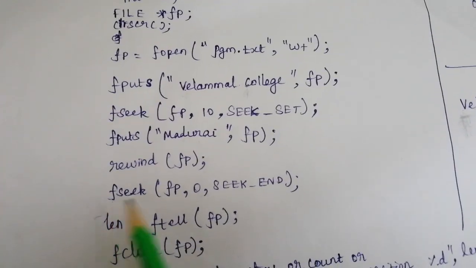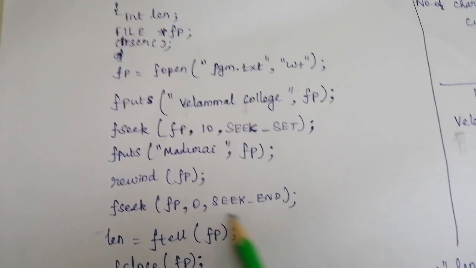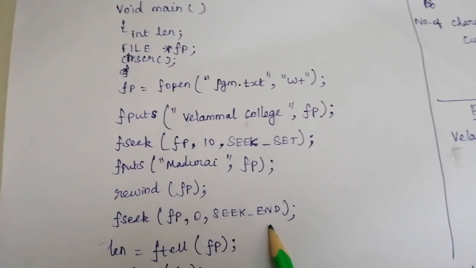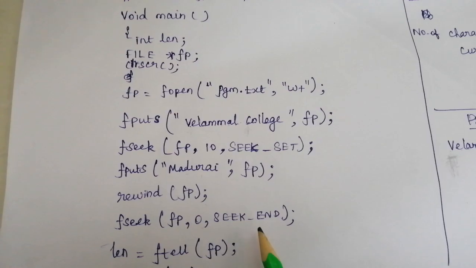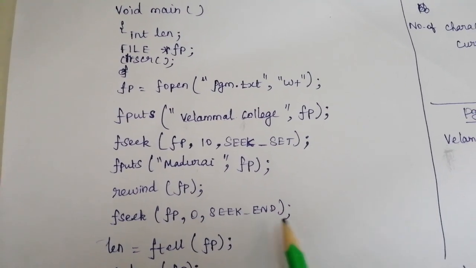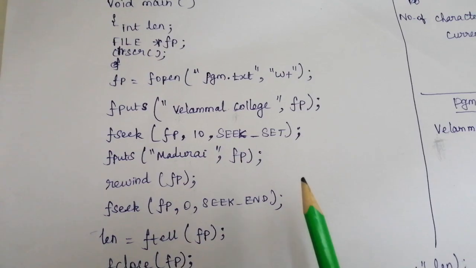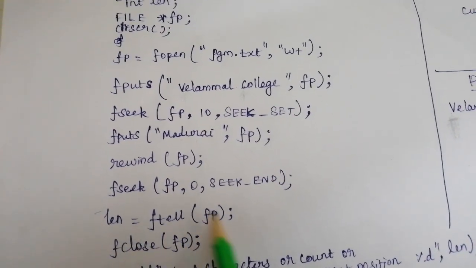Okay, next you are doing the fseek operation: fp, 0, SEEK_END. It means the ending of the file. Now after this instruction, what does the compiler do? The file position pointer is moved to the end of the file, pointing to the last character present in the file. So next, len equals ftell of fp.